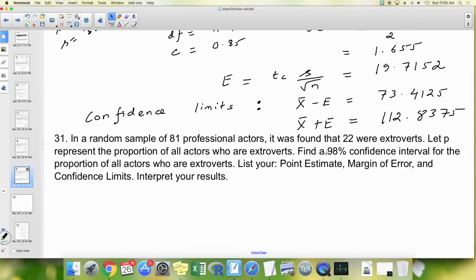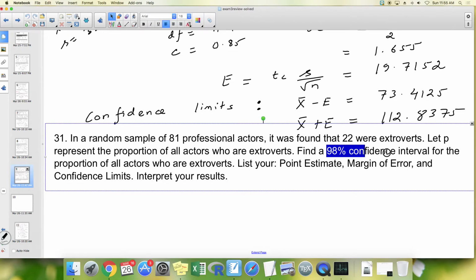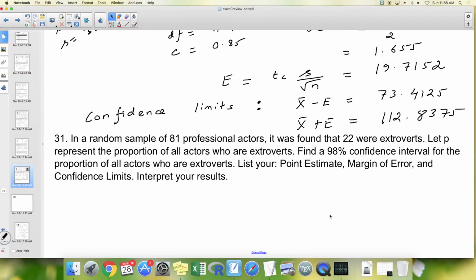So it's once again a confidence interval kind of problem. Now, is it one population or two populations? It's one population, you can check. Is it like x bar, mu, sigma, s, those kinds of problems, or is it like p hat?